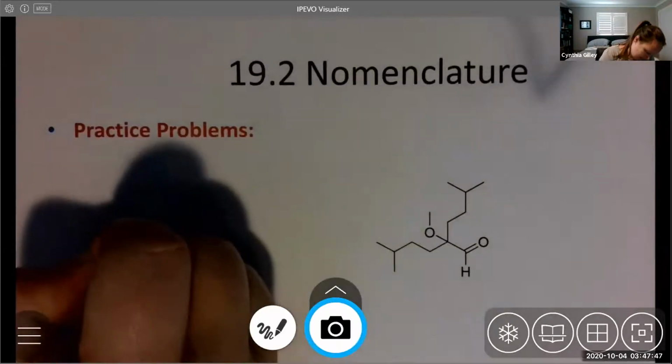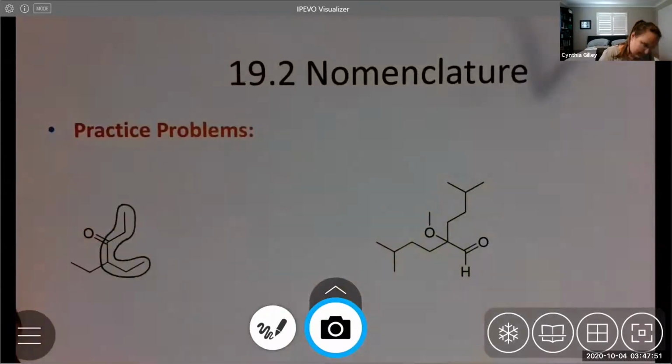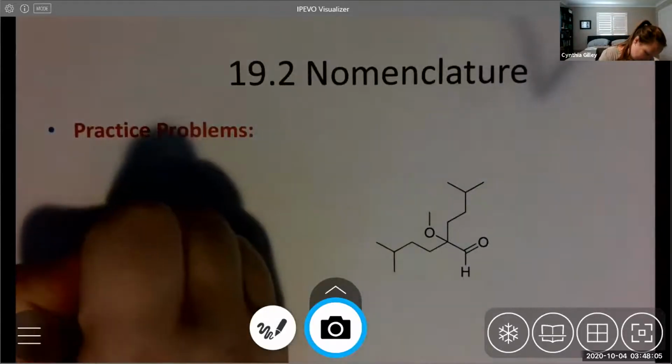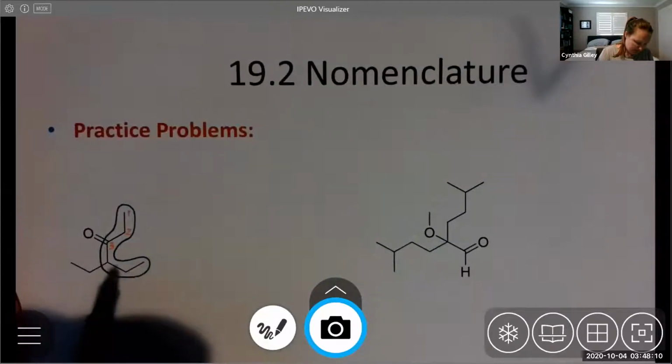So we can circle one of those, call this our parent, and since it has 6 carbons, it's going to be a hexanone. When I assign numbers, I want the lowest number for the carbonyl carbon. So I'm going to do 1, 2, 3. If I had started from this side, it would have been 1, 2, 3, 4.